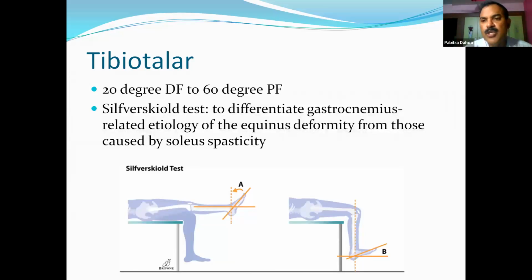As far as the dynamic deformity is concerned, it is managed by botulinum toxin, or by stretching or casting. So long as the gastrocnemius is involved, you can inject the gastrocnemius. When you find the soleus is pathological, then you can inject the soleus. So you have to decide which muscle is spastic by the Silfverskiöld test. Then you can treat the muscle accordingly.